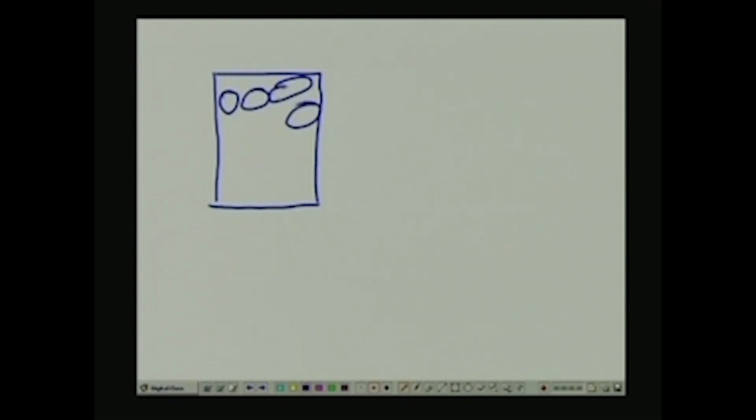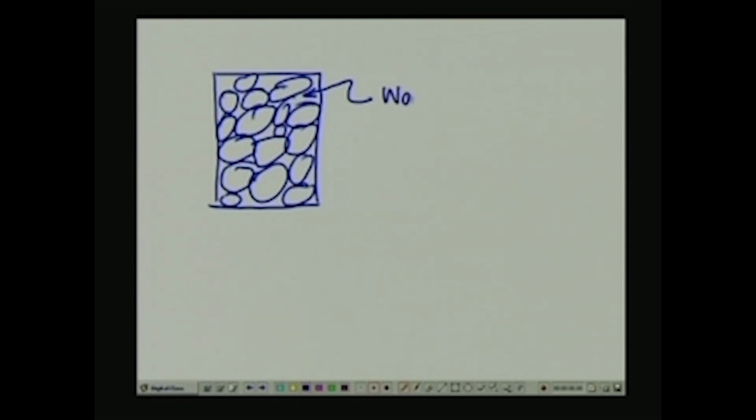Let us say you have got an element of soil which is composed of several different grains, and what we have is a saturated sample, and the pore space is full of water in this case.